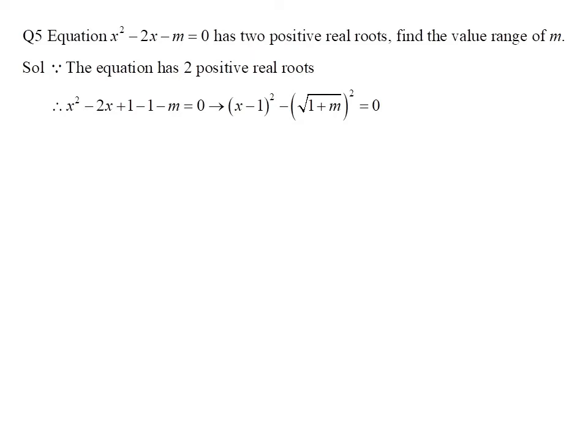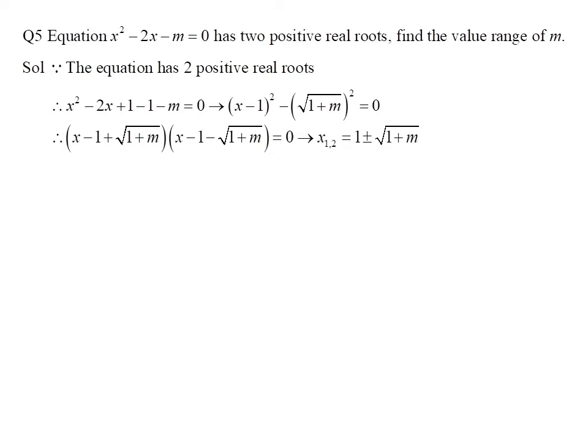As we did earlier, for the completing square method, we need a constant to make the quadratic term x squared and the linear term negative 2x together as a complete square. This constant is calculated as a half of the linear coefficient and then squared. In this case, it is just 1.